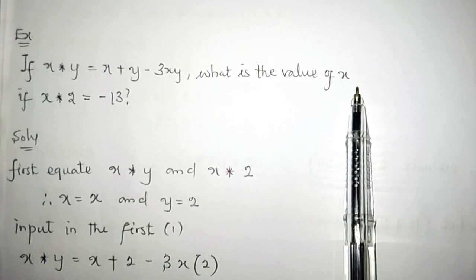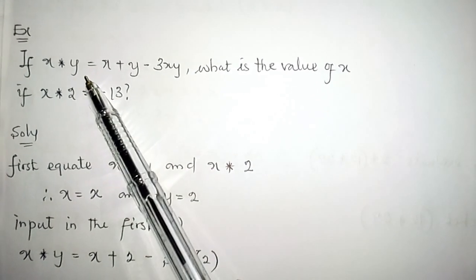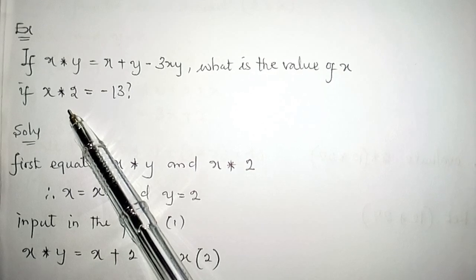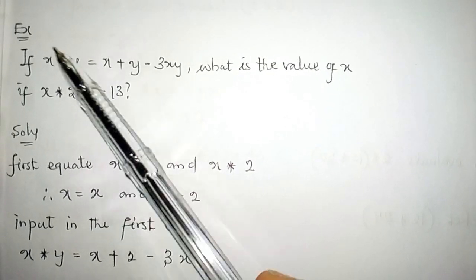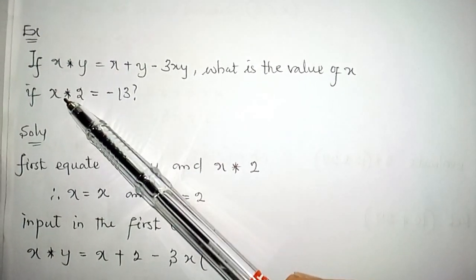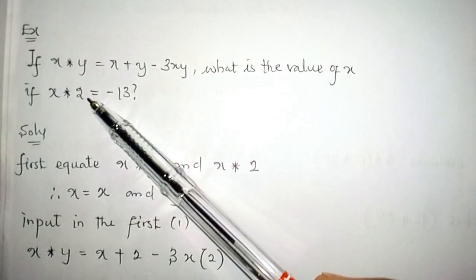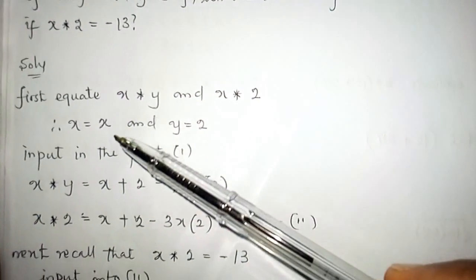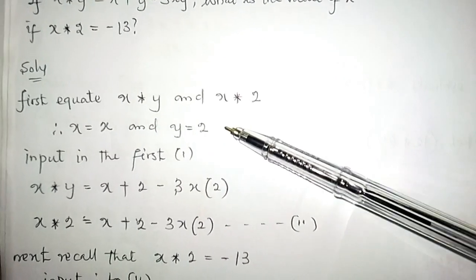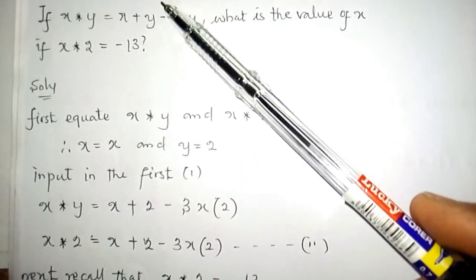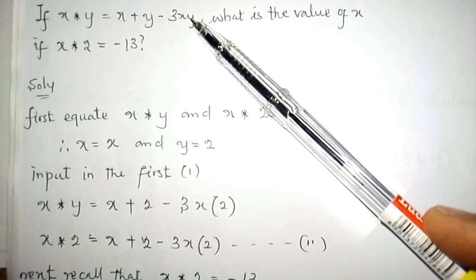Now, the first thing we have to do is to equate x * y and x * 2. If we equate both of them together, then x will be equal to x and y will be equal to 2. Therefore, when x equals x and y equals 2, we input it into the very first given function here.